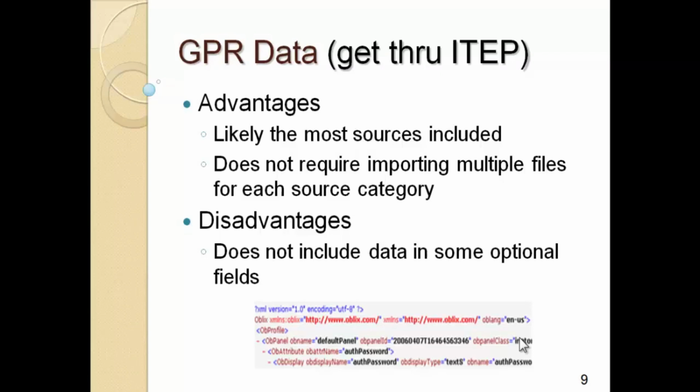One of the disadvantages to the GPR data is that it might not include data in some of the optional fields. So if a state agency entered data into the optional fields, it might not be in the GPR data because EPA compiled that data and those fields might not have got compiled into it.